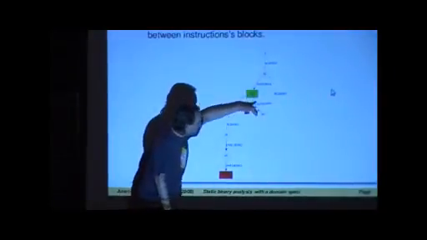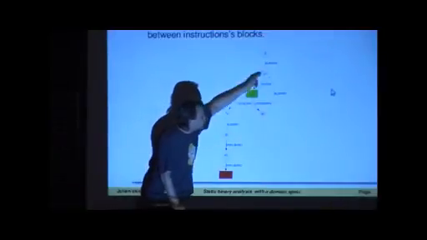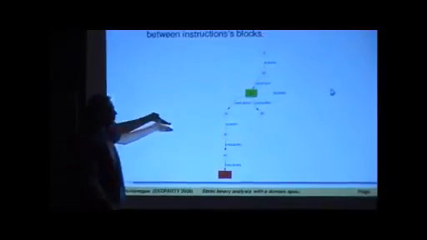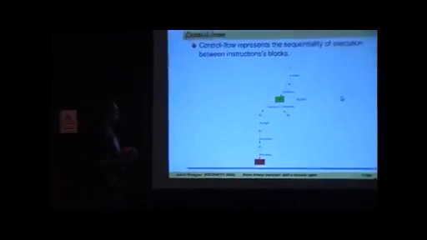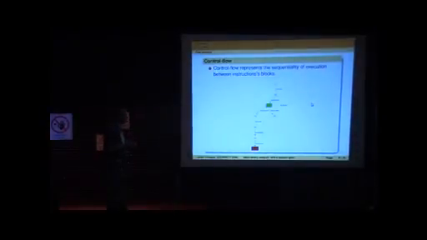If you have an else, you can go here. Or you can do loops as well. So this is a control flow graph. It means that the global structure of the program can be analyzed in such a way. Instead of having a sequence of instructions, you can do a first structuring using control flow analysis.